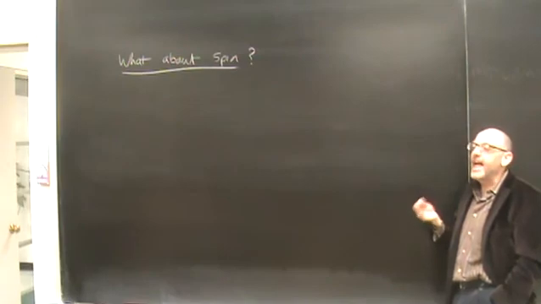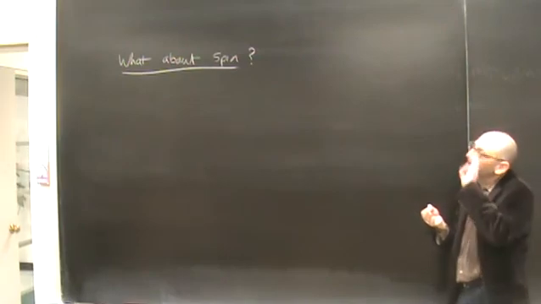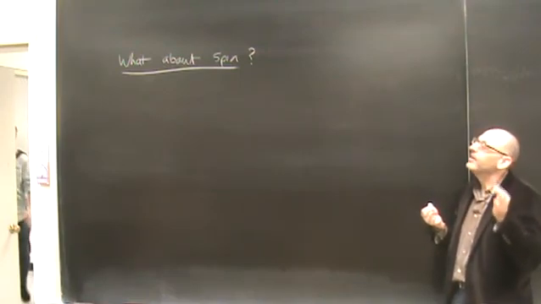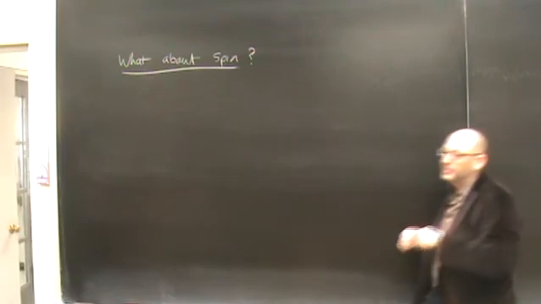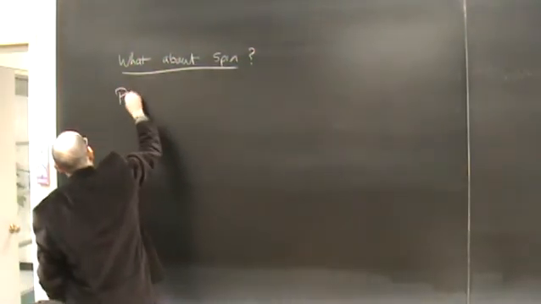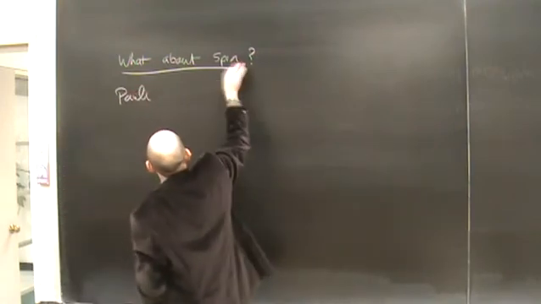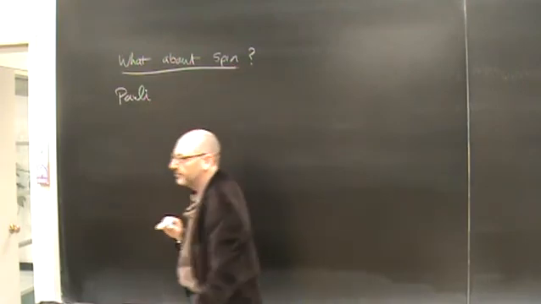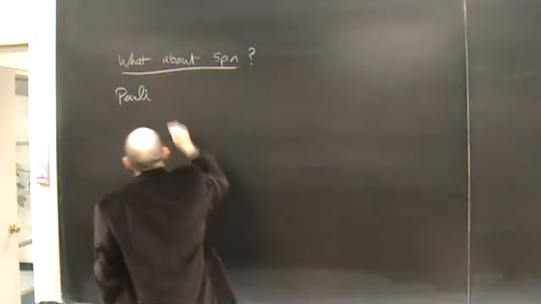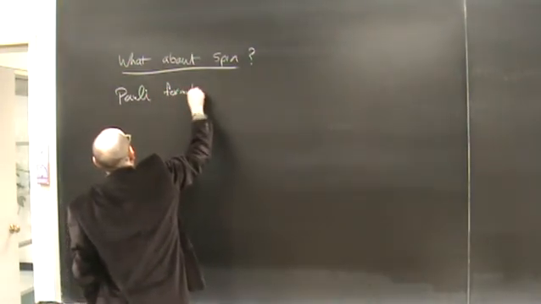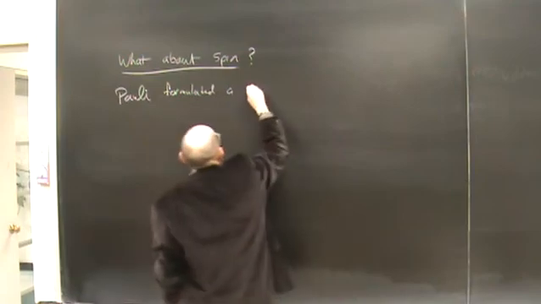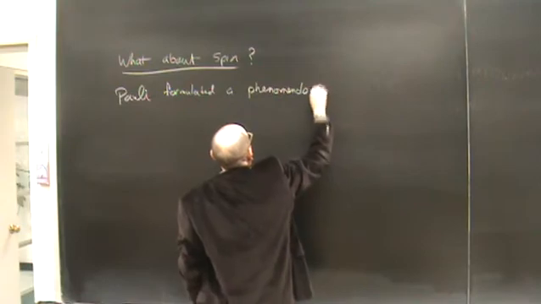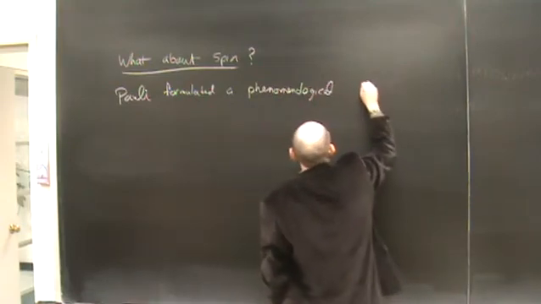However, we can get at this, a kind of first relativistic correction to the non-relativistic theory, using a trick of Pauli's. Pauli, who of course made fundamental contributions to the whole theory of spin and the Pauli exclusion principle, formulated a phenomenological description.